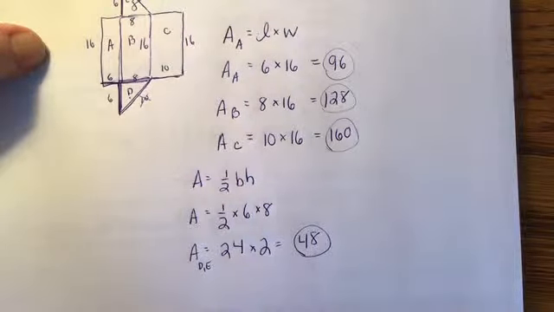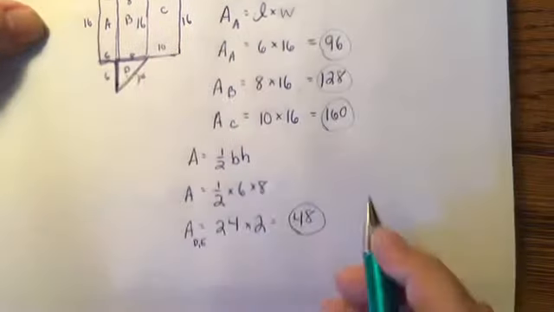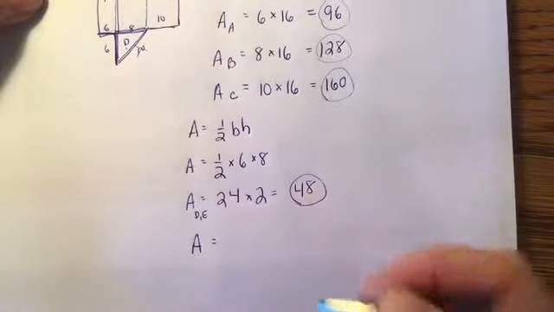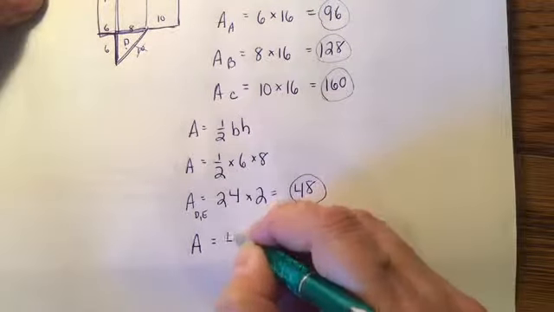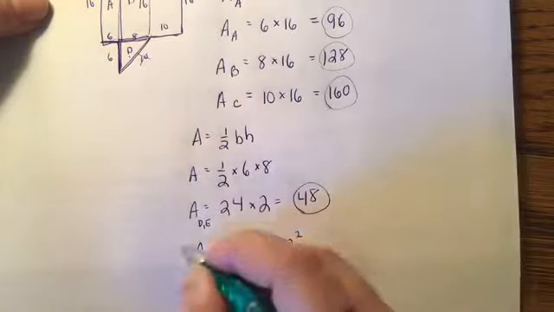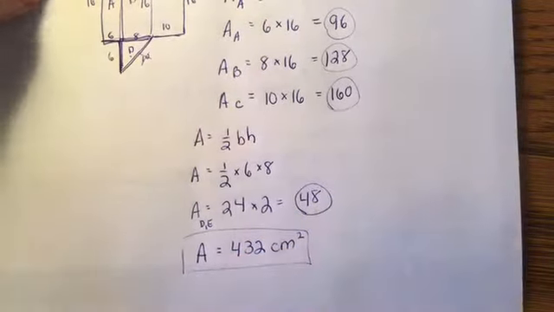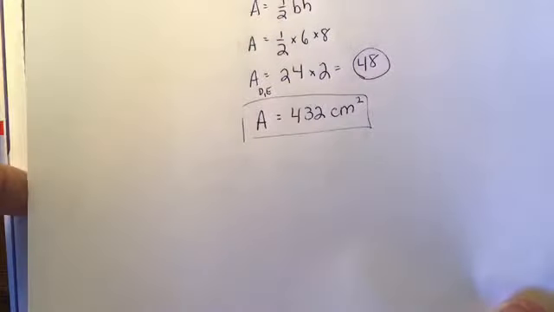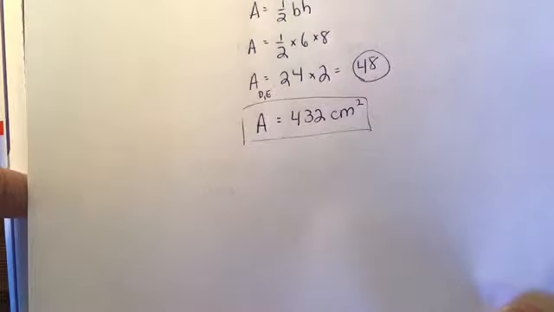So you can take your calculator, 96 plus 128 plus 160 plus 48 equals, and I get that the area of my entire piece, surface area, would be 432. It was centimeters, so it's square centimeters. So this triangular prism right here would have a surface area of 432 square centimeters.